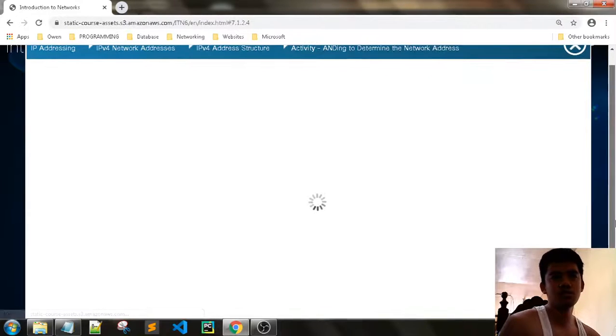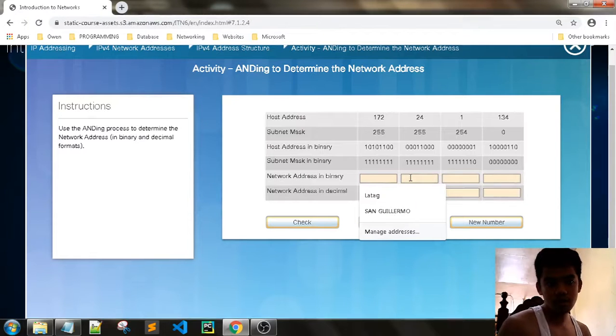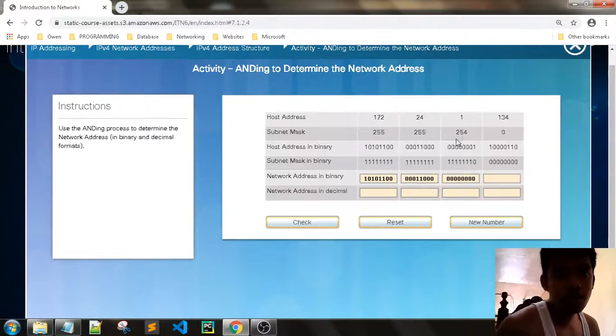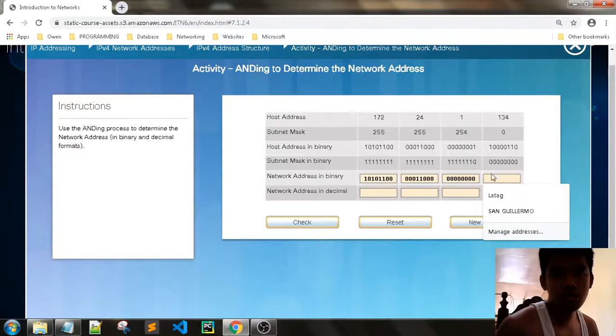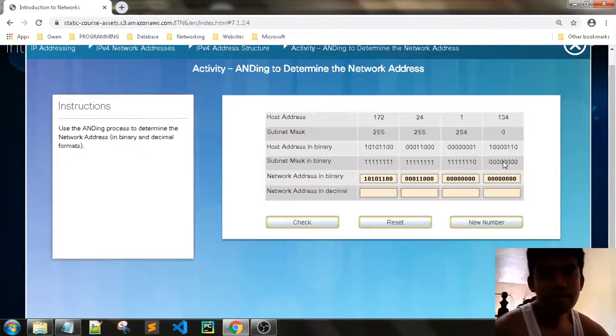Activity: determine the network address. The network address in binary: 1, 0, 1, 0, 1, 1, 0, 0, then 0, 0, 0, 1, 1, 0, 0, then 0, 1, and all zeros. We have /26, no, /23. It should be /23.